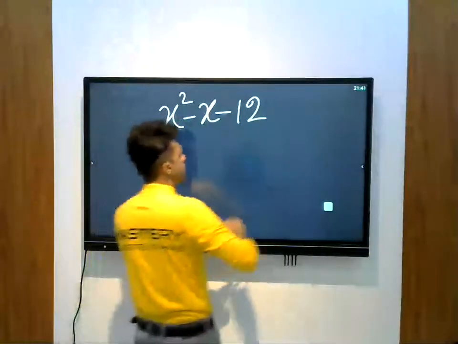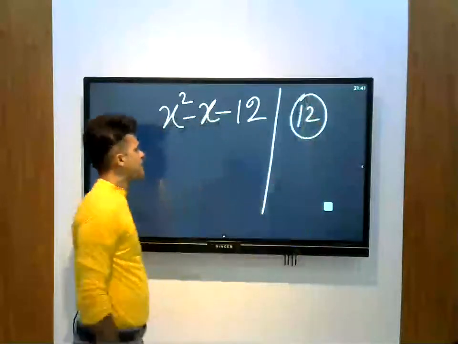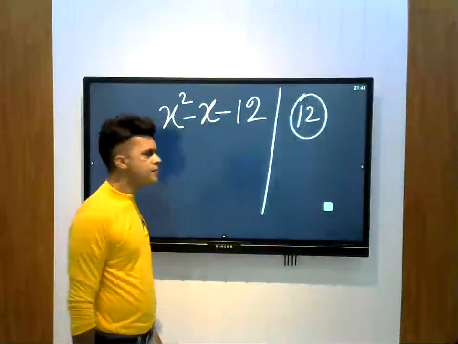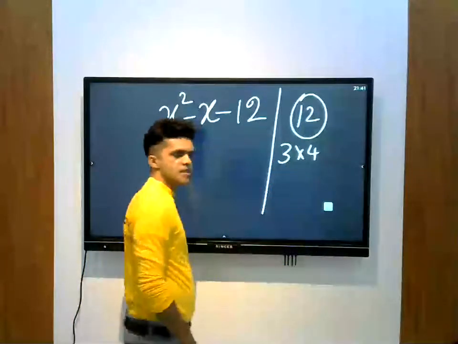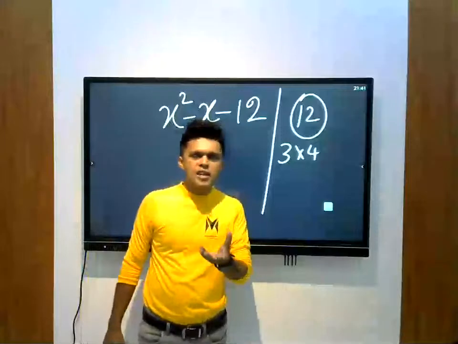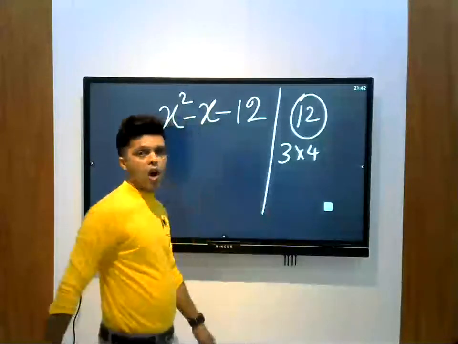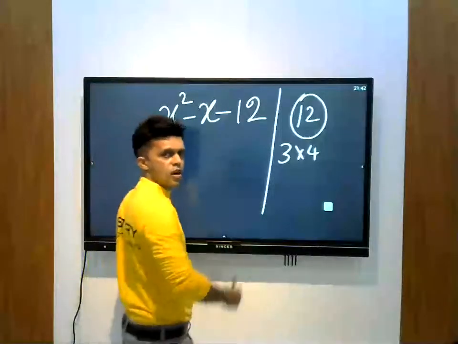Find the factors of 12 so that you can get minus 1. Yes, you can consider 3 and 4. These two digits can be considered here. But bear in mind you have to get minus 1 here.